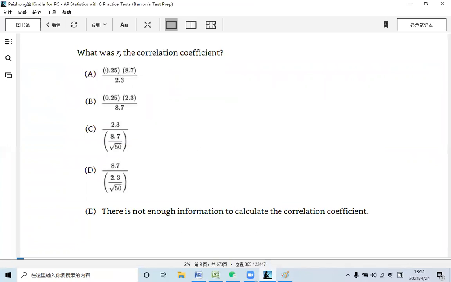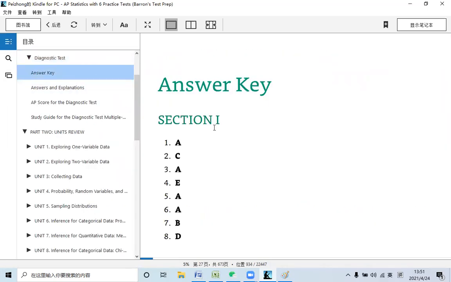So 0.5 times, that's a beta, times the height divided by 2.3. Yeah, A is a good answer. This kind is key.